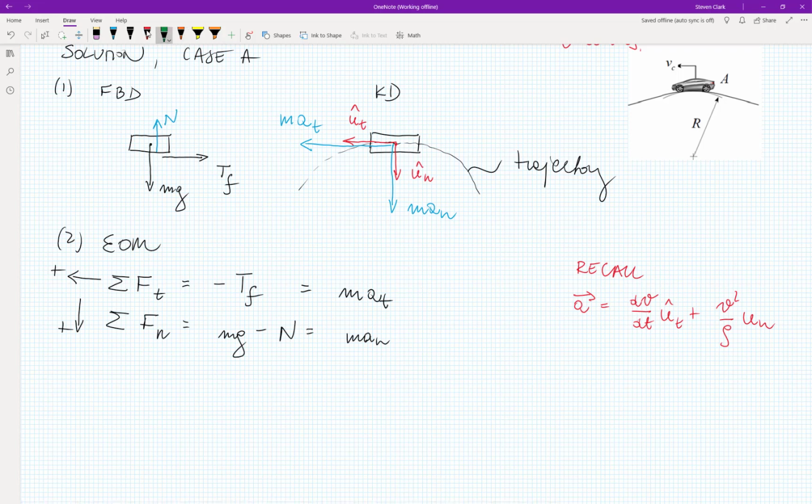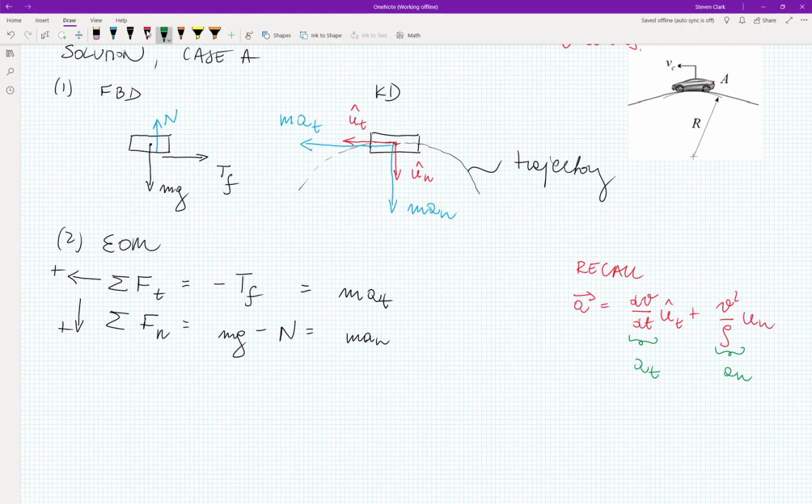And by the way, these are exactly the definitions for a_t and a_n. These are expressions for our acceleration components enforced by the curvature it follows, okay?